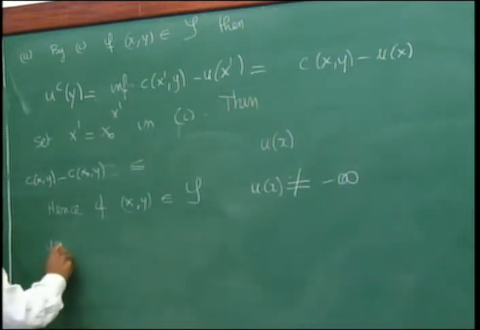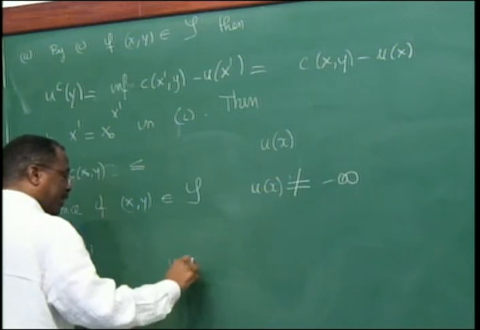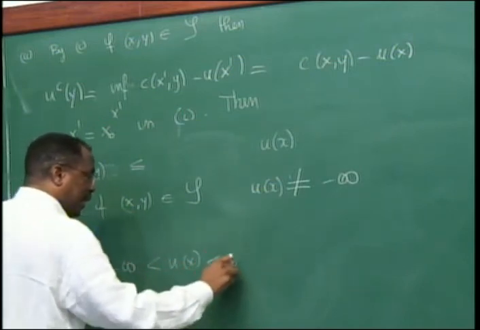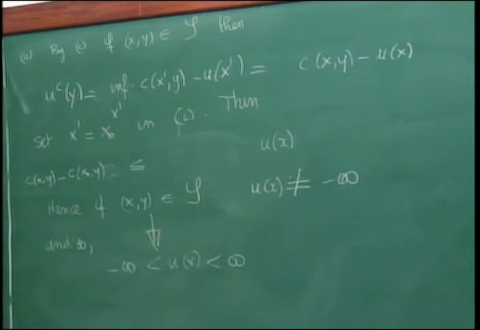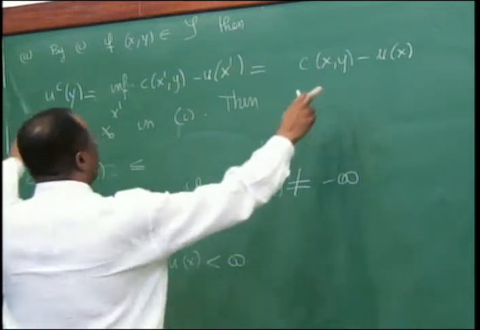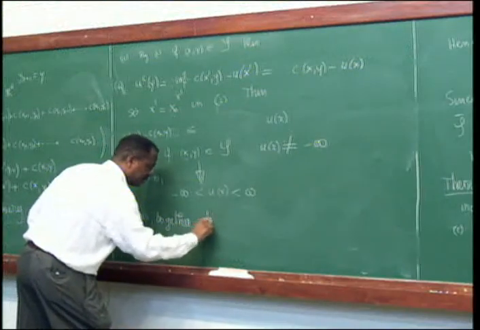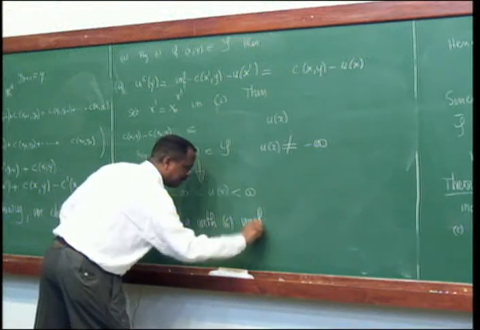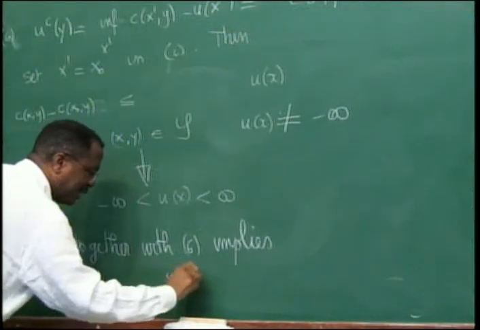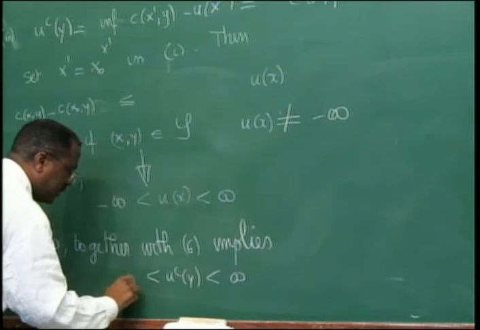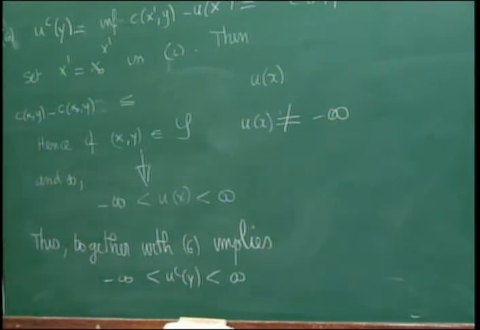And so, under this condition, U of S is between negative infinity and plus infinity if I know that (X, Y) belong to calligraphic S. But from here, if I call this 6, this together with 6 implies that U^C of Y is between plus infinity and negative infinity.